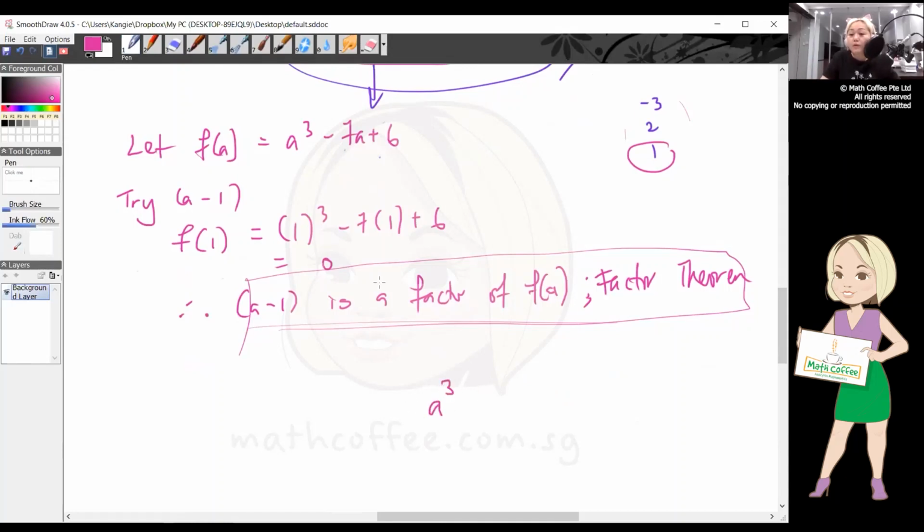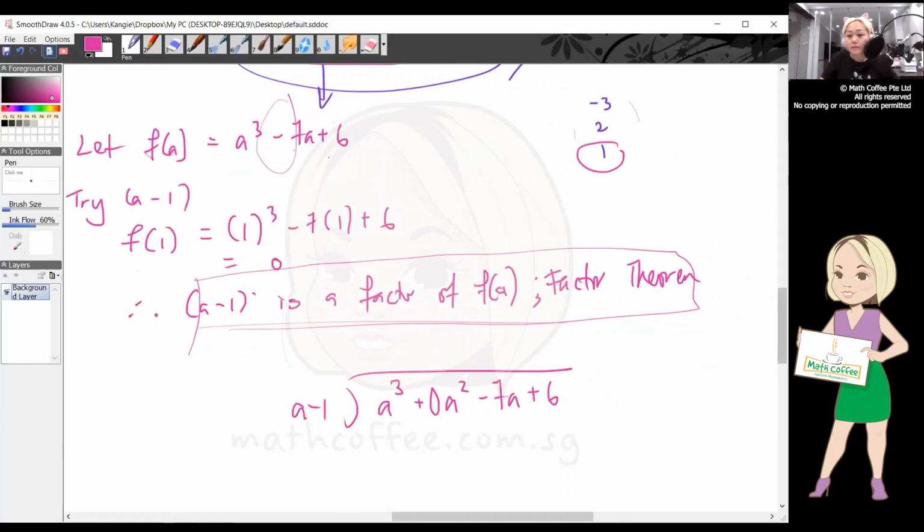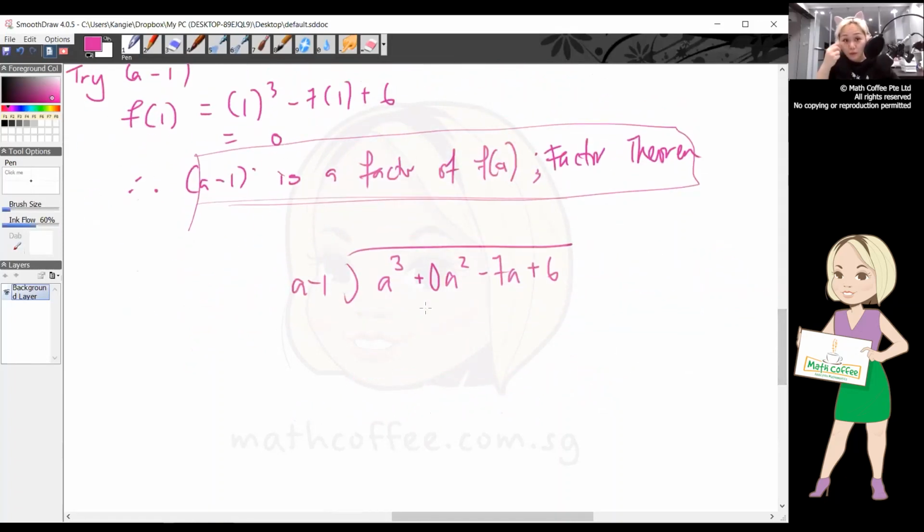So this is a typical example whereby, remember just now I said when there's a missing term, you need to put +0. So I have to put +0a squared minus 7a plus 6, and then I have to divide it by a minus 1. So I will multiply by a squared. I get a cubed minus a squared, minus, put bracket, 0. See, 0 minus a squared means plus a squared.